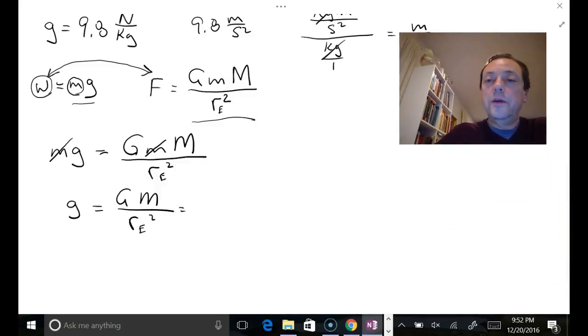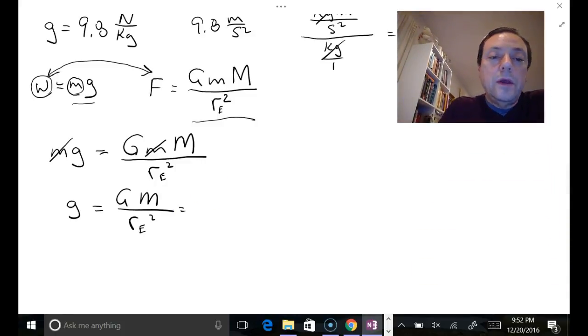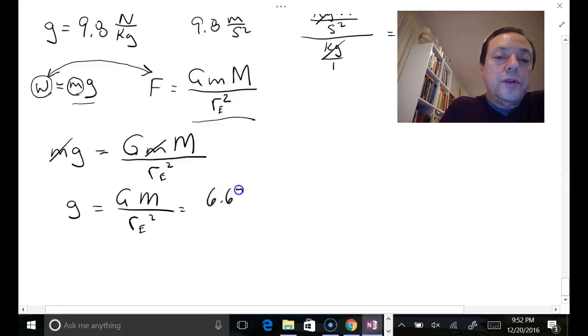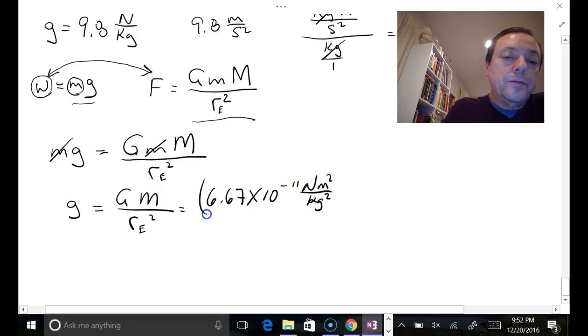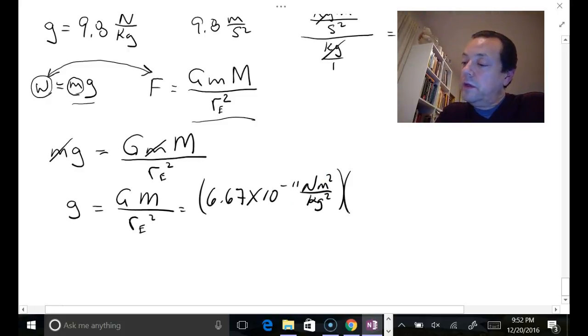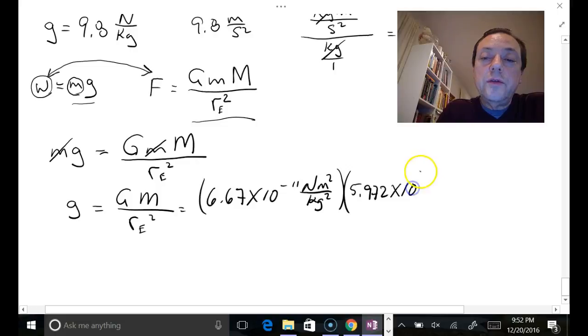Let's see what I get here. So we have 6.67 times 10 to the minus 11 newton meters squared per kilogram squared. Mass of the Earth is 5.972 times 10 to the 24th kilograms.